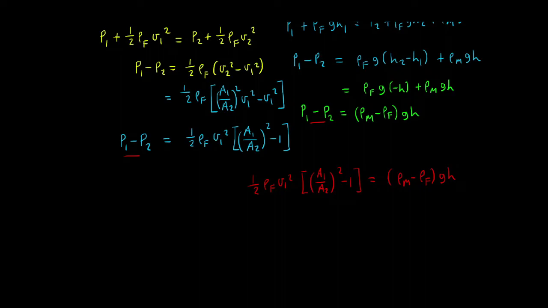And now doing a bit of algebra, if we multiply through by 2 and divide by rho f, that gives me rho m on rho f, and then rho f on rho f is simply 1.